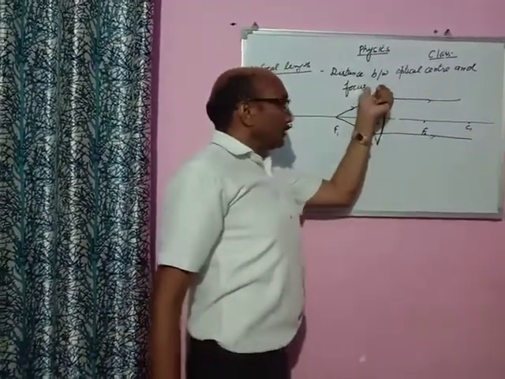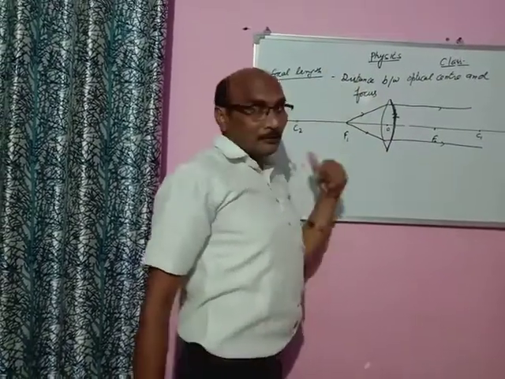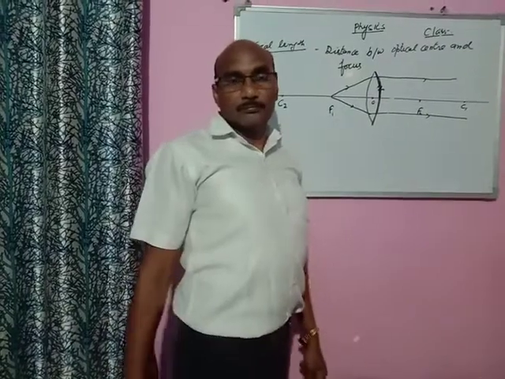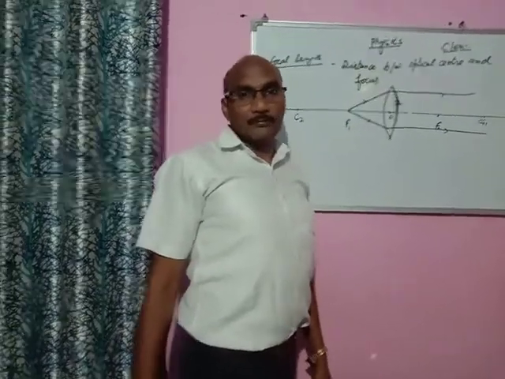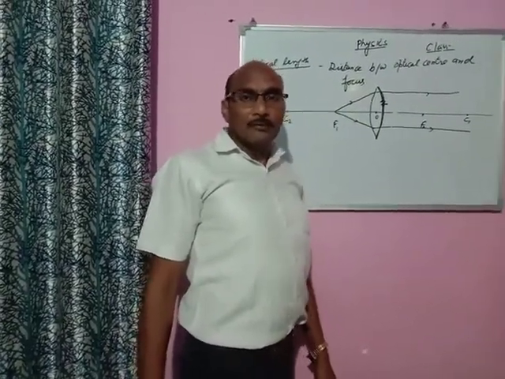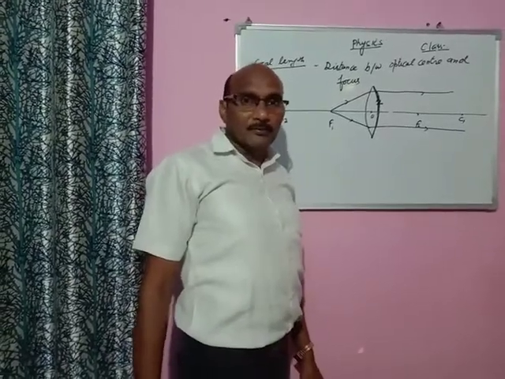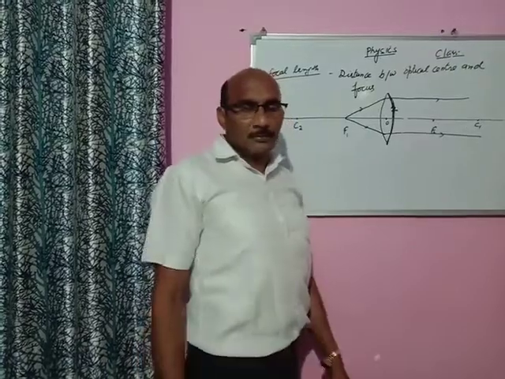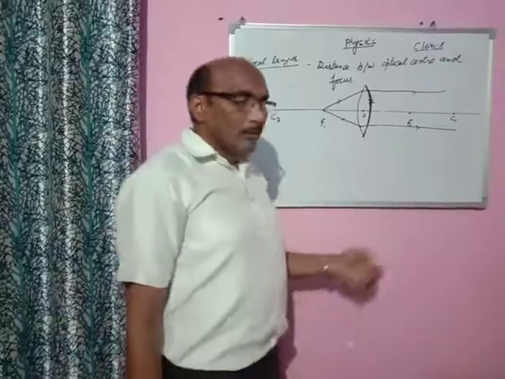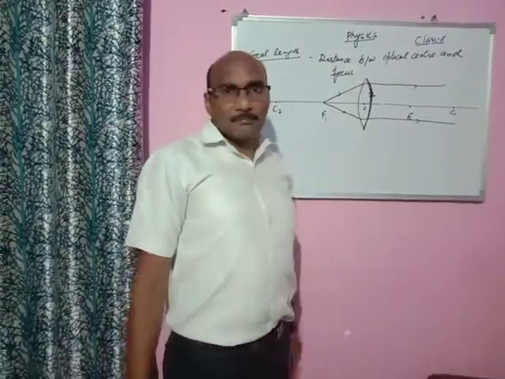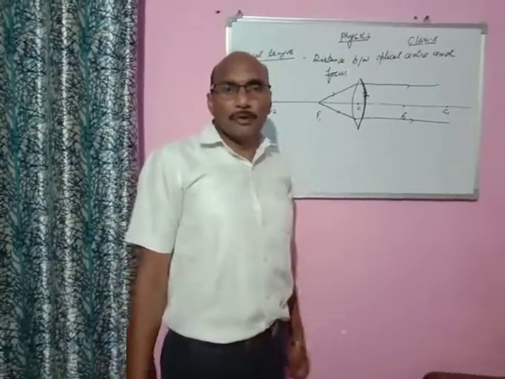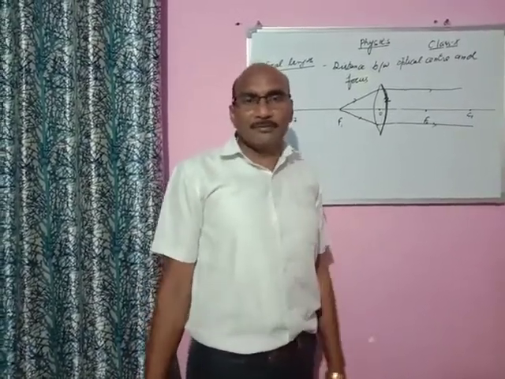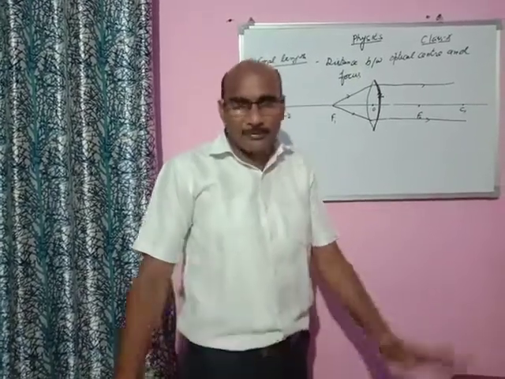If this is focus 1, then focal length 1. If this is focus 2, then focal length 2. So this is how to define the first focal length or second focal length. Very basic terms. Now, generally this question asks: mark the first focal point, second focal point, first center of curvature, second center of curvature. There should not be confusion.